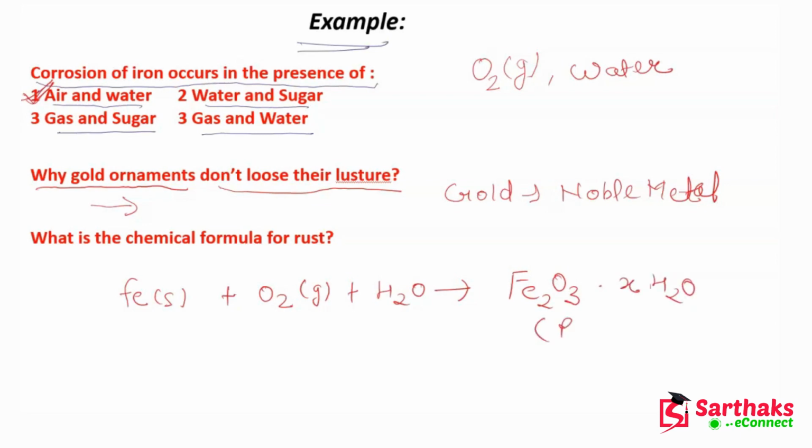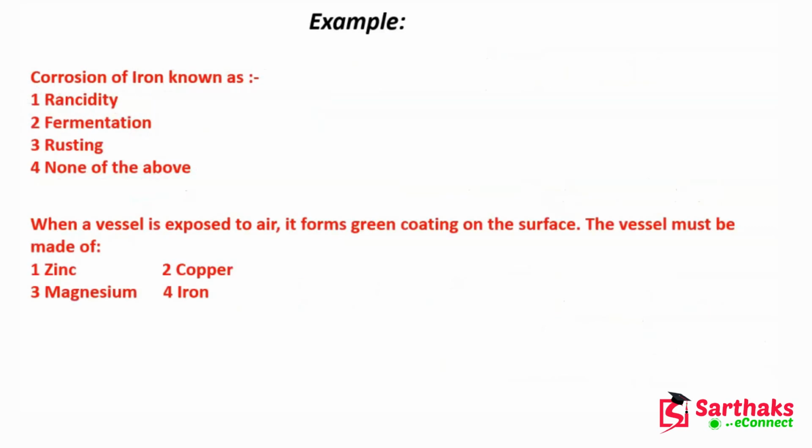Okay, and this is rust. This is also known as hydrated ferric oxide. So I hope guys this thing is clear to you. Now let's move ahead and let's talk about the other things.